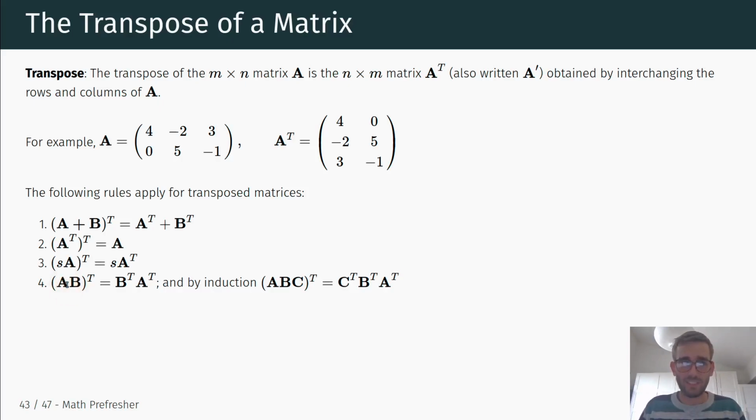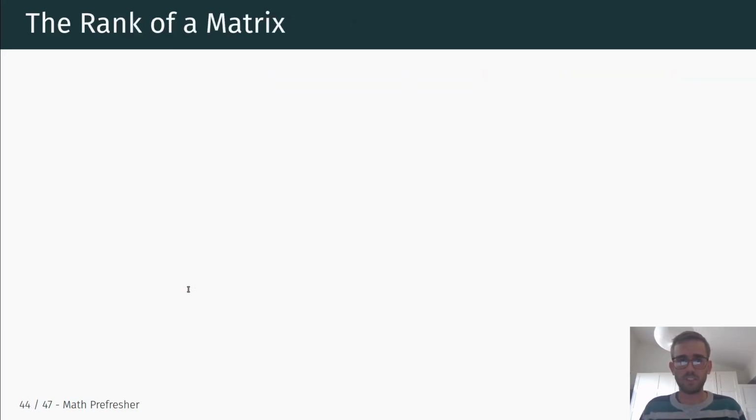And importantly here, if we take the transpose of the product of two matrices, then that's equal to the product of the transposes of the individual matrices, but we have to reverse the order. So (AB) transpose turns to B transpose A transpose.